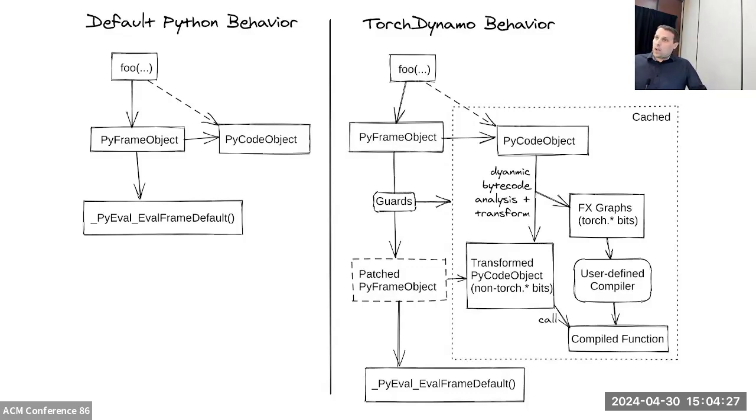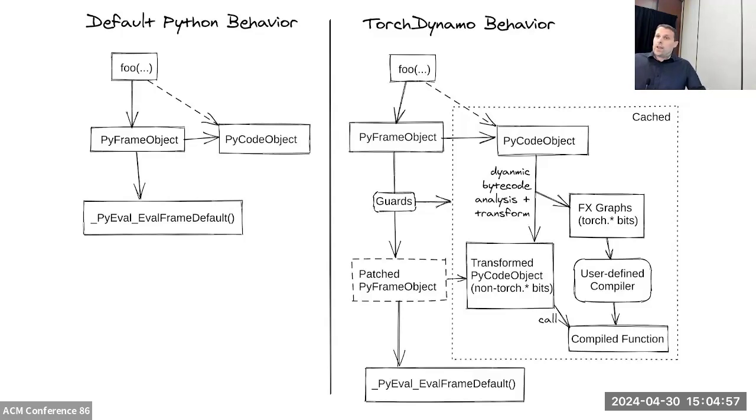This symbolic analysis operates bytecode by bytecode, and it simulates the behavior of what executing that Python bytecode would do in order to extract a graph of PyTorch operations, which we can pass to a user-defined compiler. That user-defined compiler is going to return an optimized callable, which is called a function. And we transform the Python bytecode into a new Python bytecode, which then calls the results of this user-defined compiler.